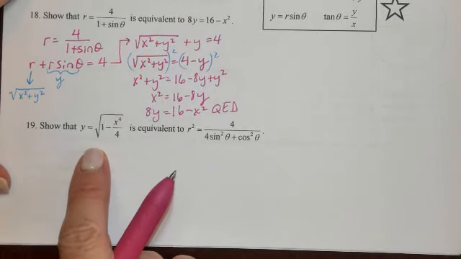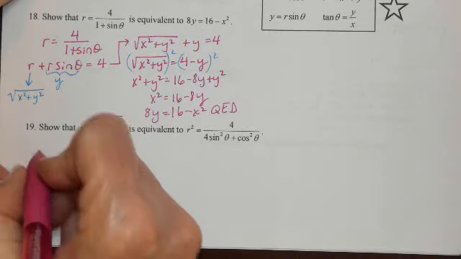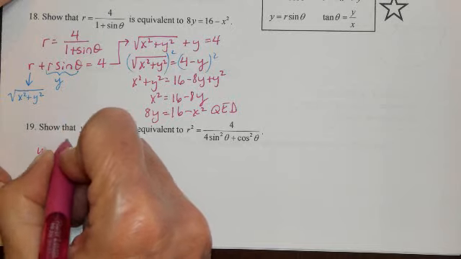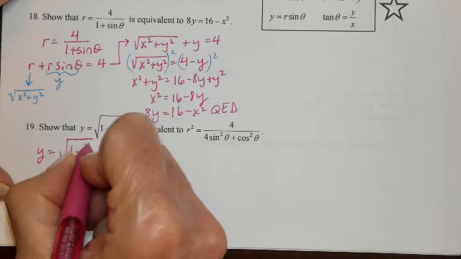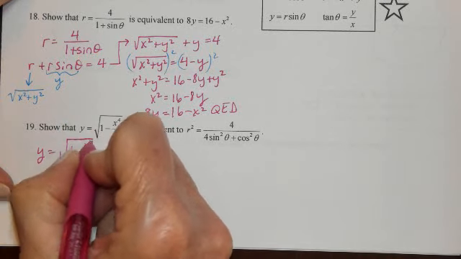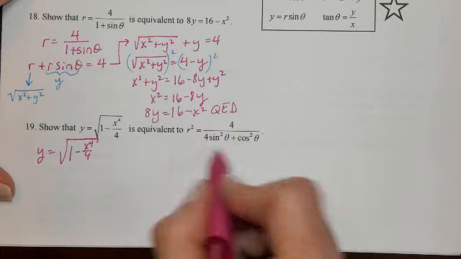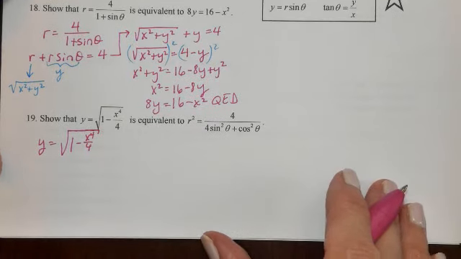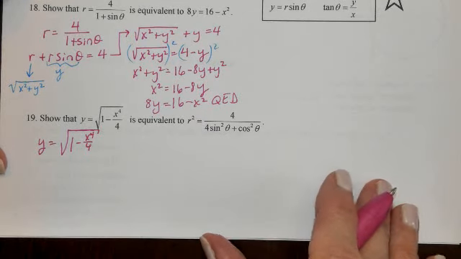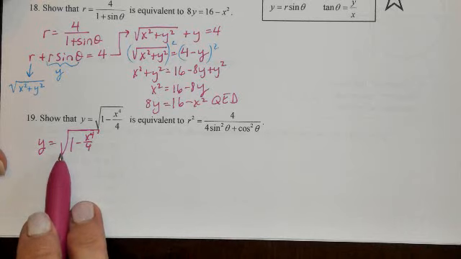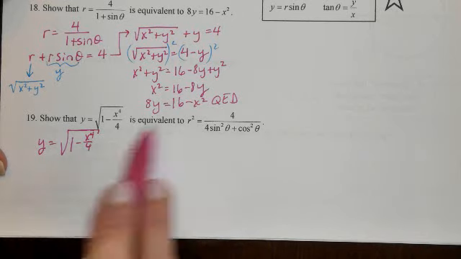For number 19, we're starting out with this equation. What a mess. And we're going to show that it's equal to that. Okay, so I'm going to begin by getting rid of the square root. There's no square root here, there is here.